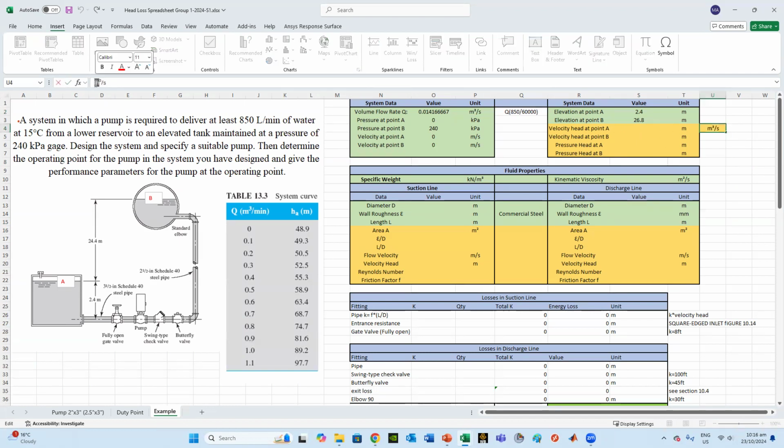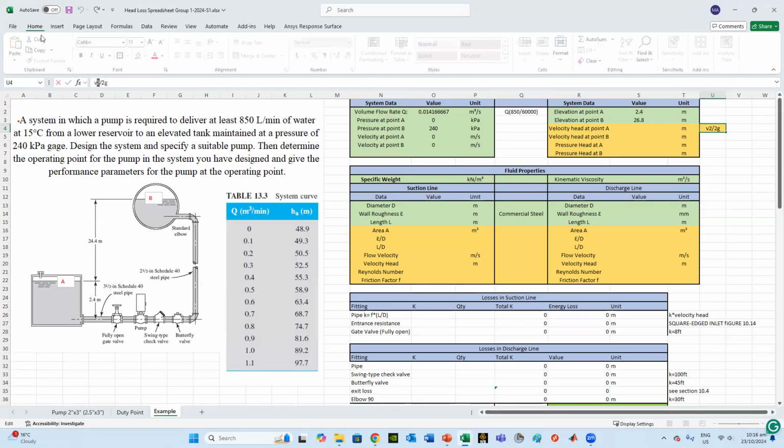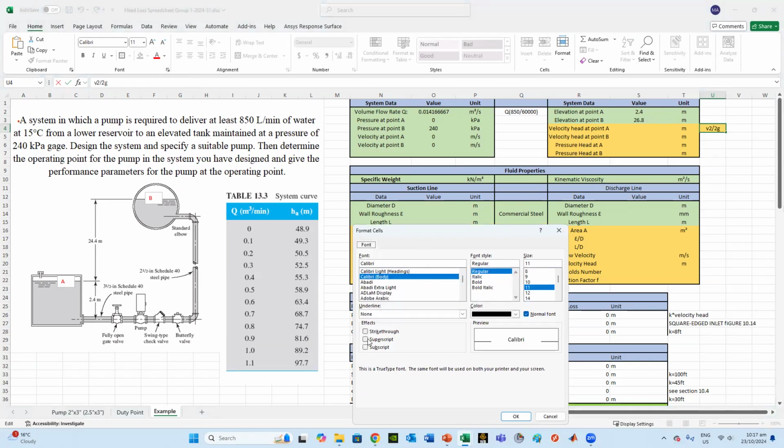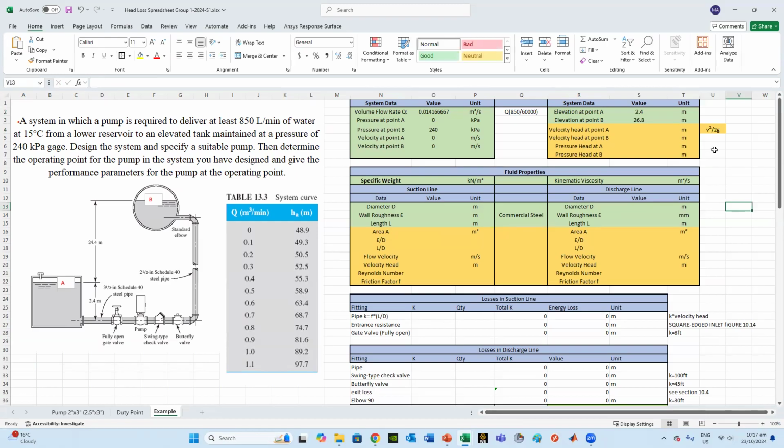So we'll say v squared over 2g. It's not letting me do that, but you could go to Home, and from Home you can change that to superscript, and that way v squared over 2g comes out. So that is better.